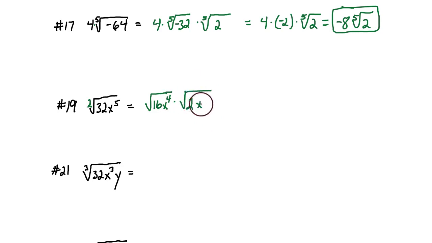X to the fourth times another x is still x to the fifth. Now here's why I factored it in that way. The square root of 16 makes 4, and the square root of x to the fourth makes x squared. And then the other thing stays in its radical format. Here's simplified form.